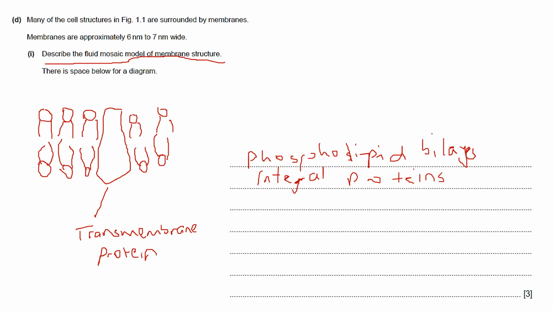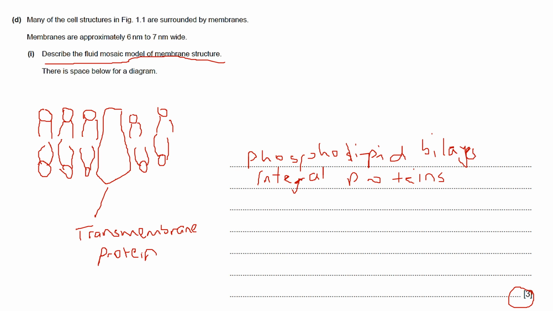They just said there is space below for a diagram. So it seems as though the diagram is to show that you truly know what the membrane looks like. So to be on the safe side, I would say instead of just giving 2 points here and a diagram, make sure you give 3 points so that you are assured of getting the full marks.